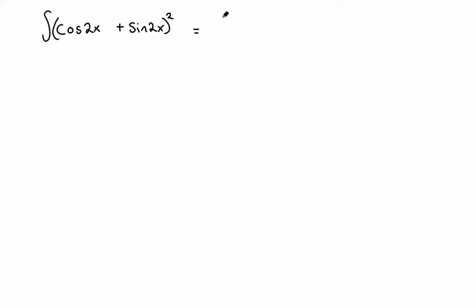So what I would do here is, if I square that out, I'm going to get the integral of (cos 2x) all squared, plus 2 cos 2x times sine 2x, plus (sine 2x) all squared.